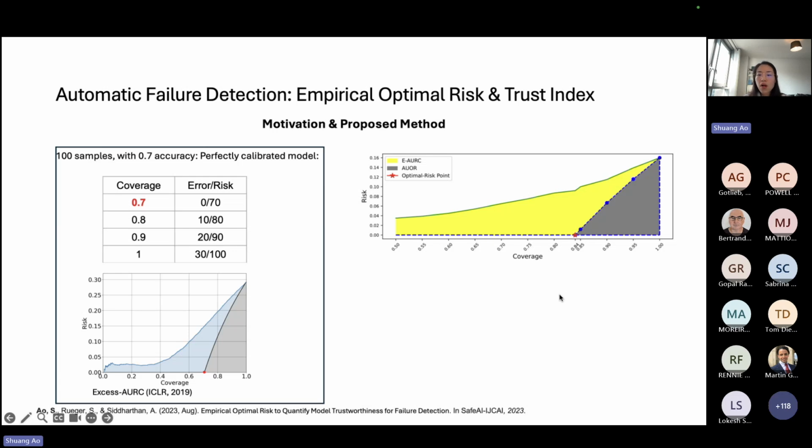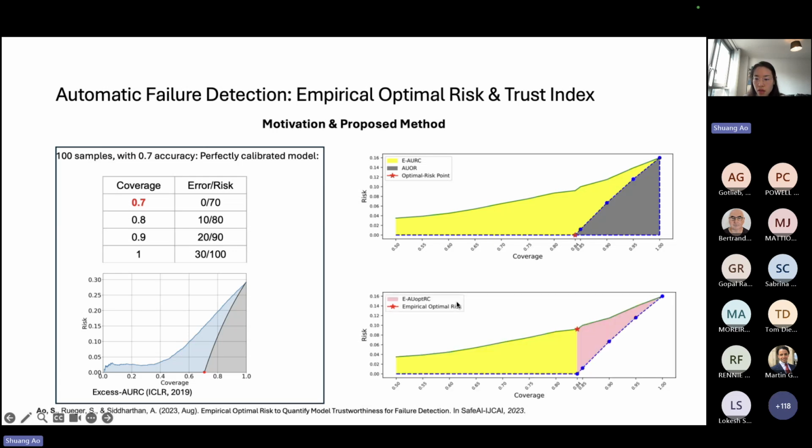So at most, how much data can we remove? The most we can remove is up to the error rate. If a model's accuracy is 86%, then at most we can remove 16% of the data, and only this pink area, the error in that 16% of the data, is what we should focus on instead of the whole thing.